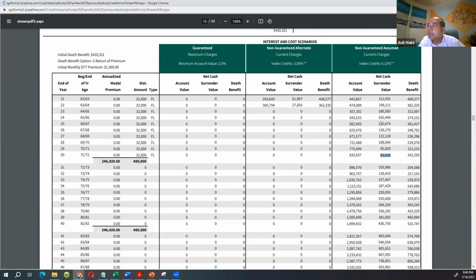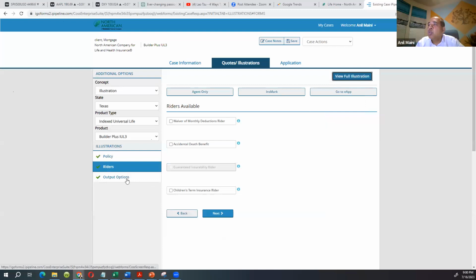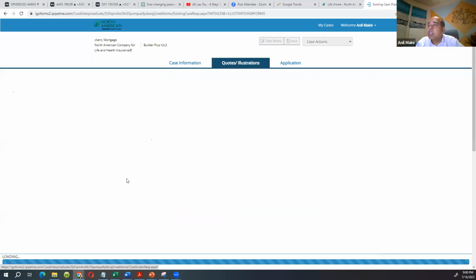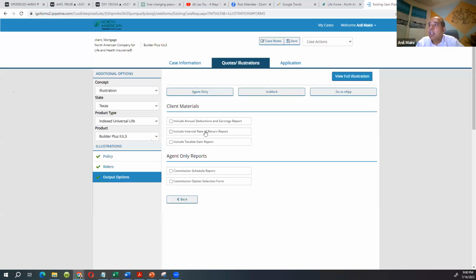Okay. And how much is the average bonus in your experience? When I did this training about 3-4 weeks ago, we used to choose these output options and then include rate of return, include earning report, annual deductions and earning report. In that, it used to show the bonuses and all. But now with the new rule, they stopped doing that.